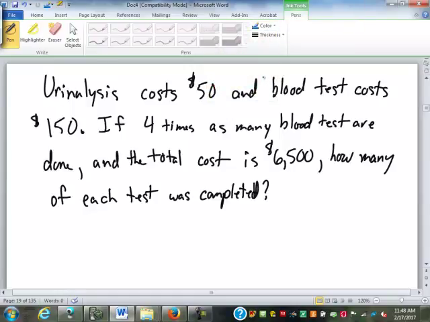Okay, so now we're throwing an extra level of complexity here, because it's not the number of tests that are done that we're given the total of, it's the total cost. So we are still looking at the urinalysis cost plus the blood test cost is going to equal some sort of a total.